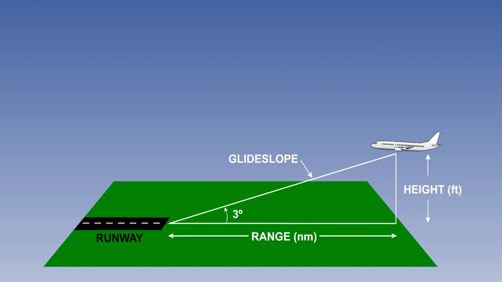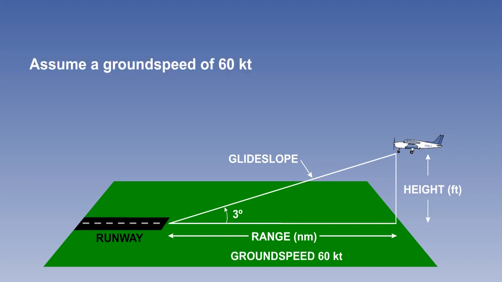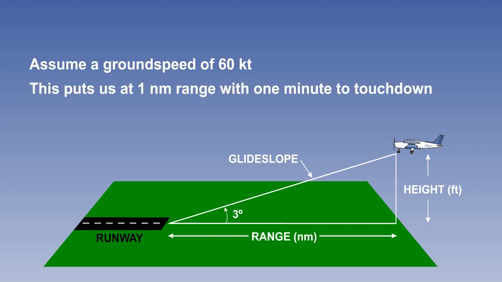Now let's calculate the required rate of descent on a 3-degree glide slope for a given ground speed. If we were in a PA-28 or a Cessna 150 or similar, our airspeed on the approach would be about 70 knots. Assume a slight headwind. After all, that's why you select one particular runway over another. And a typical light aircraft ground speed is 60 knots on the approach. 60 knots is 1 mile a minute.